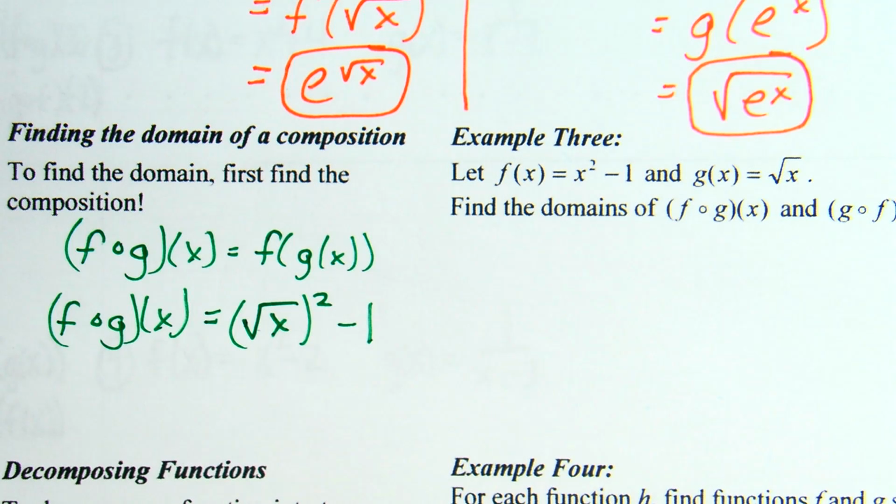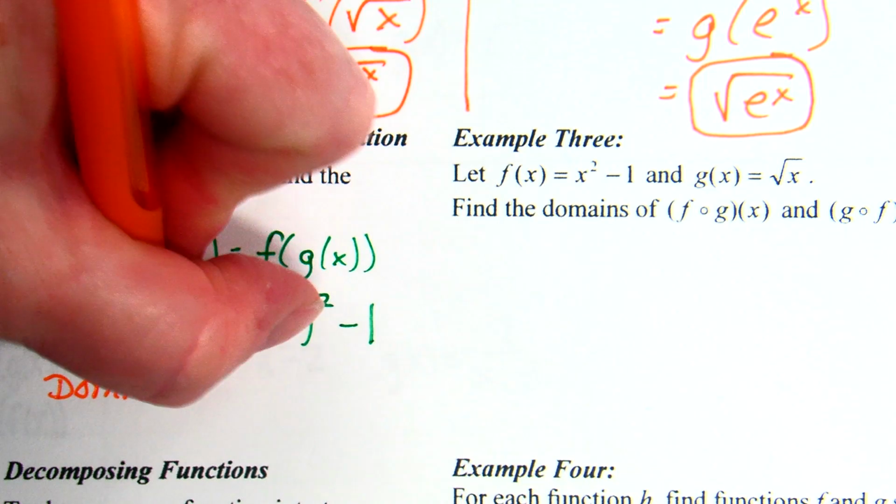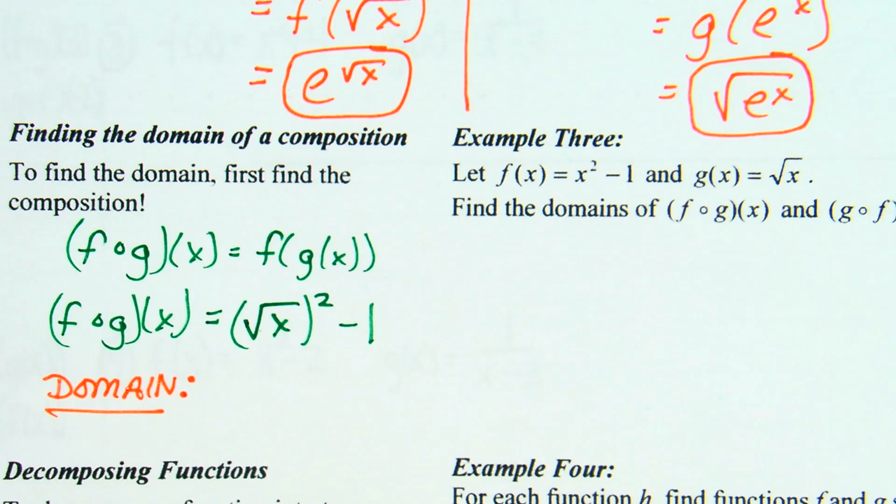And so when I talk about domain, what does domain mean? Domain is our what type of values? X or Y? X, right? So domain are the X values. So here's the question. As you look at this, what kind of X values am I allowed to use?